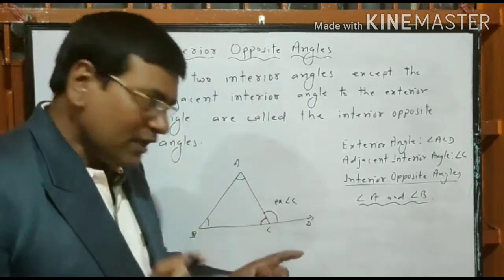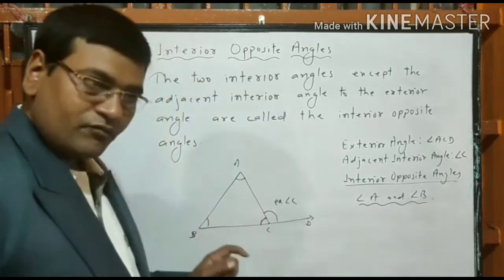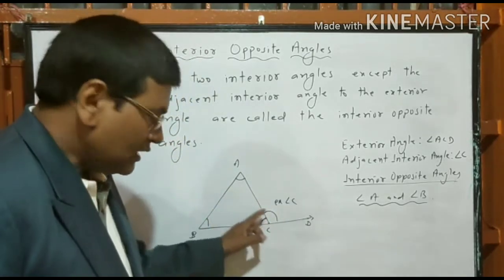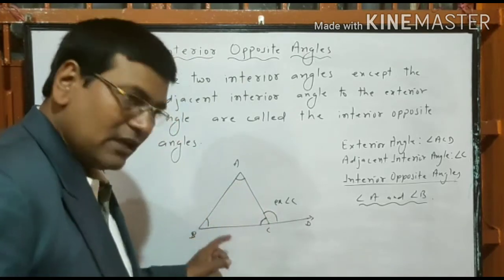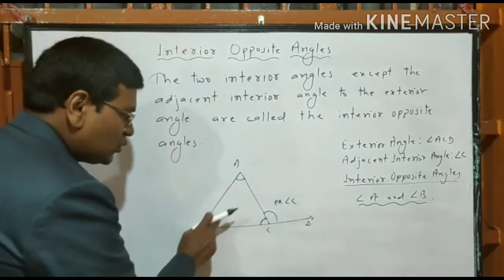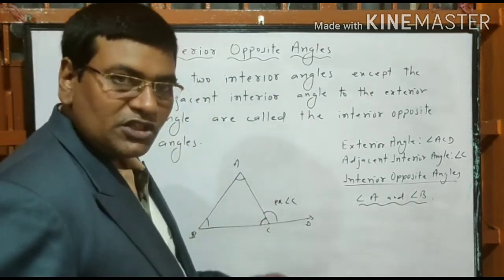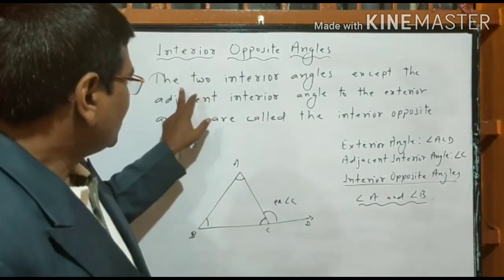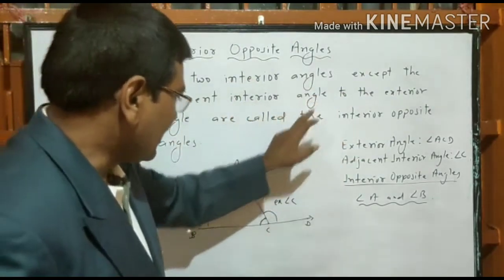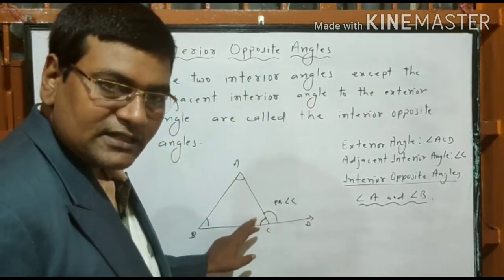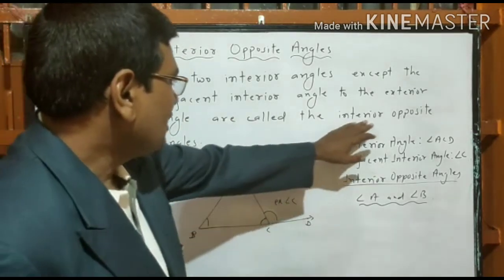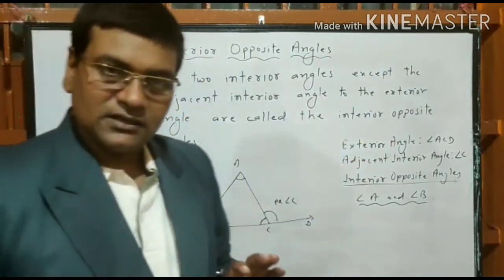Now there will be two more angles, angle A and angle B. This is far from exterior angle. Angle A and angle B are at a distance of exterior angle C. These two angles are called opposite interior angles. The two interior angles except the adjacent interior angle. Except this adjacent interior angle, there are two more angles. These two angles are called interior opposite angles.